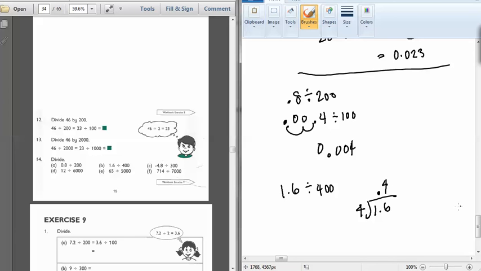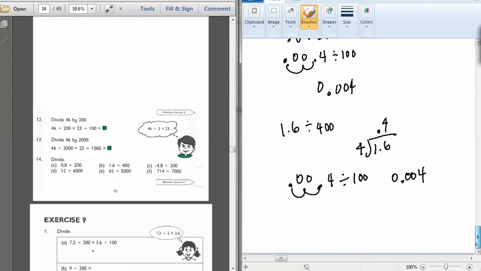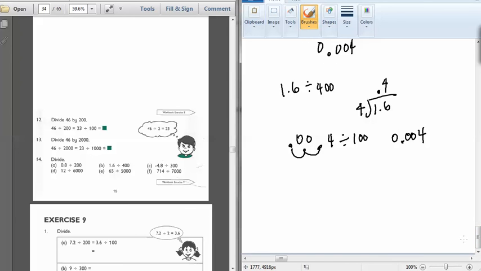So that answer is 0.4. But I still have to take that 0.4 and divide that by 100. So the answer is 12.004. Nope, you still have to add the 0. Seriously, you keep forgetting it.